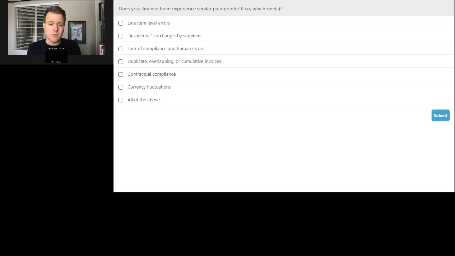Accidental surcharges. We see this all the time in the shipping industry. There's an Angolese export surcharge that got added to a customer's bills for many years, and that customer was paying it. It was really just extra margin for the shipping lines. There was no pass-through cost there. They didn't have to pay the Angolese government any more than they did previously.